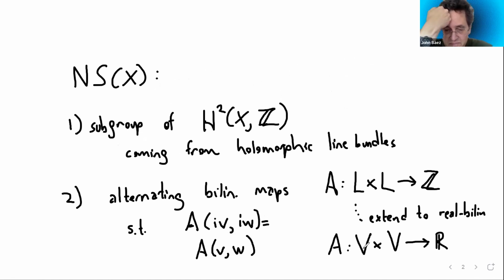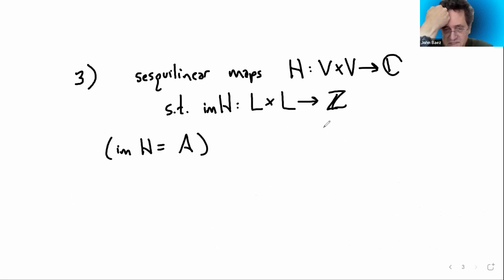But then there's this fact that real linear maps to R from a vector space correspond to complex linear maps to C. There are these games being played here that for some reason are not quite as familiar to me as they should be.